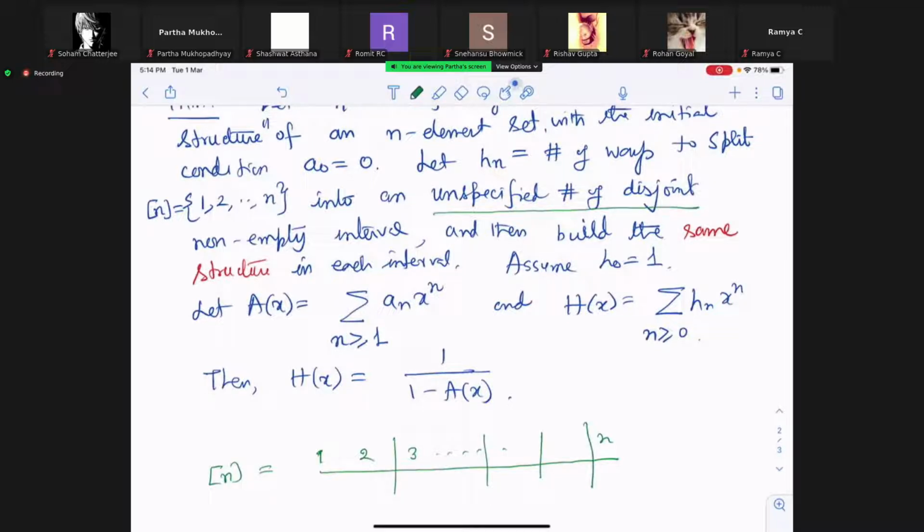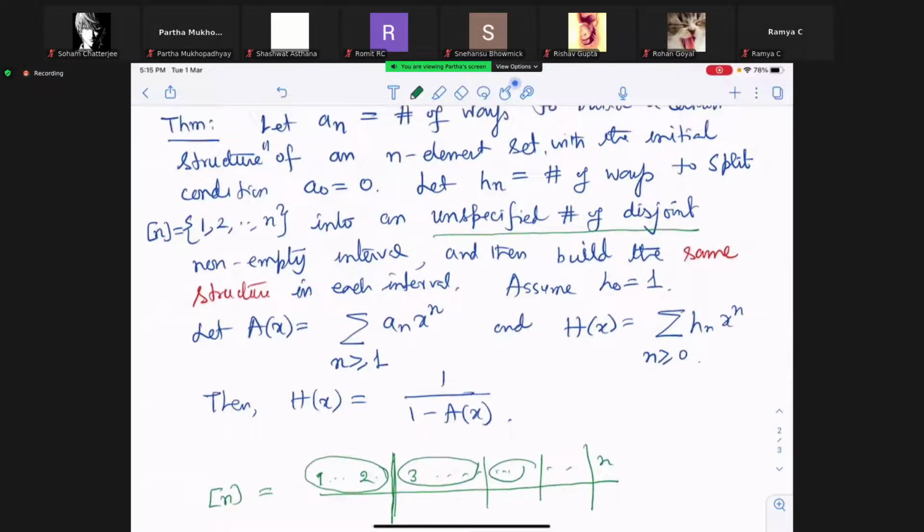Suppose this is the first portion of the interval, and on this portion you build the structure, here you build the structure, and here you build the structure. And then the question is how many ways you can build the total structure.